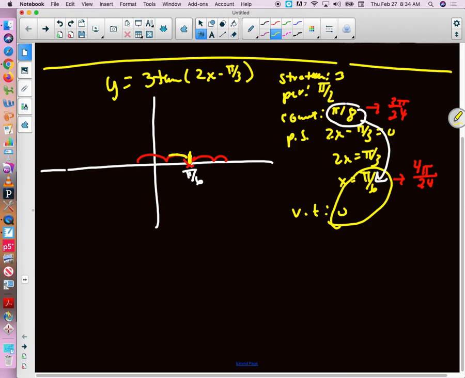And so when I count back, what's 4 pi over 24 minus 3 pi over 24? Pi over 24, which must be just right after 0, right? And pi over 24 minus 3 pi over 24 is negative 2 pi over 24. These two are going to be pi over 24, 3 pi over 24, 7 pi over 24, and 10 pi over 24.